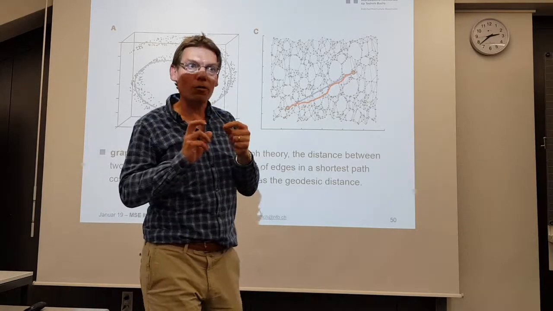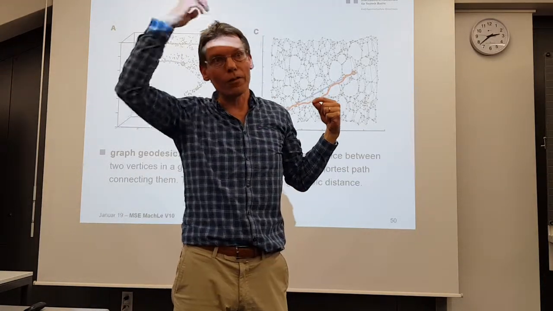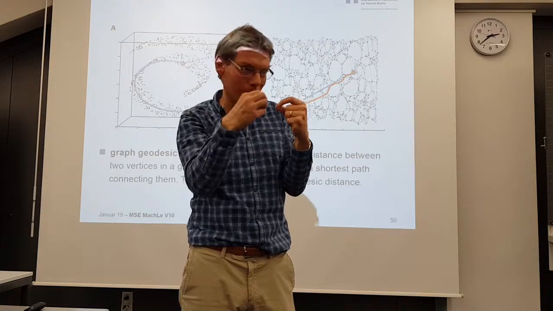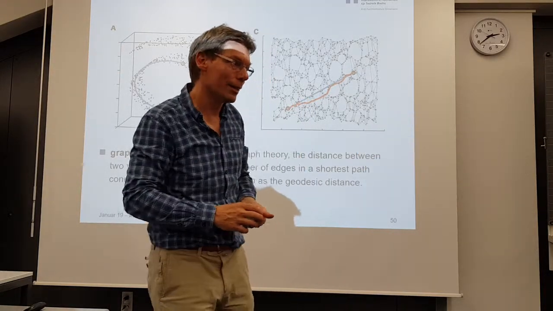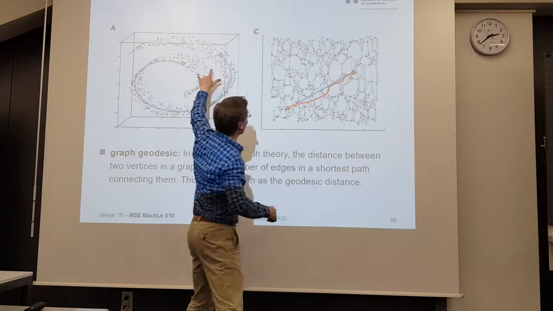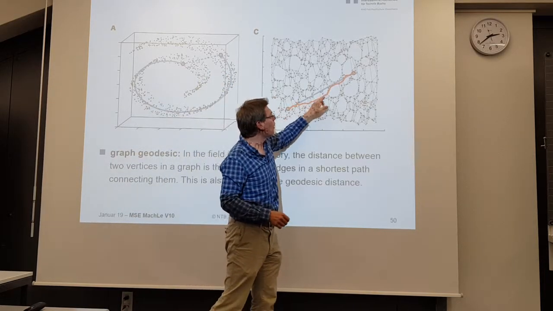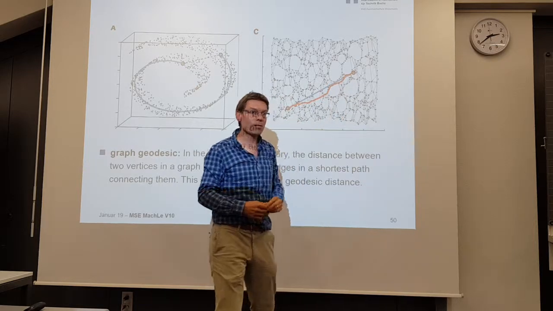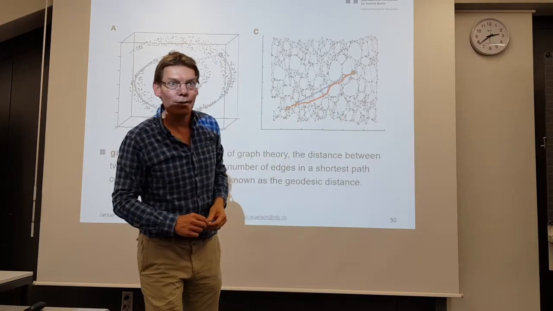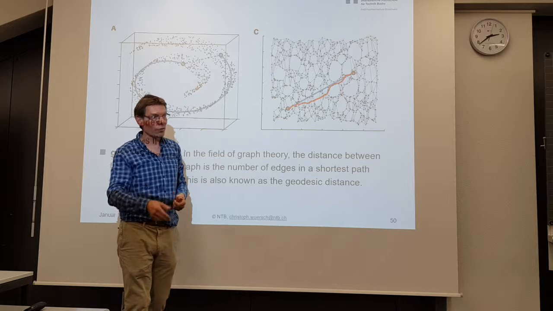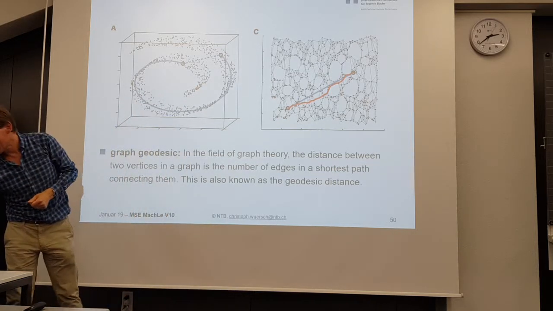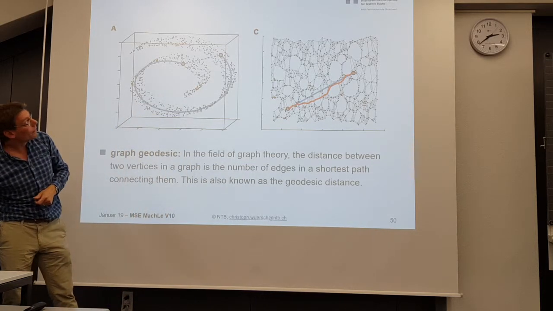So ISOMAP tries to separate them, while, for example, PCA tries to bring them close together. Or MDS as well. And here is a more complicated graph. It would go along, like on Google Maps, along the streets, and not just take the plane going crossover. That's what ISOMAP does.